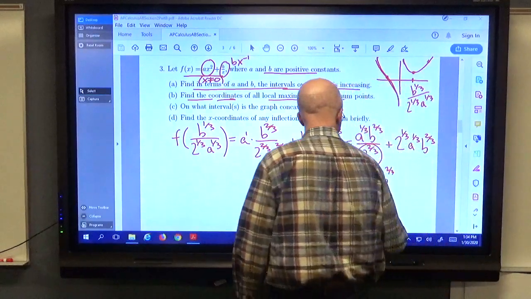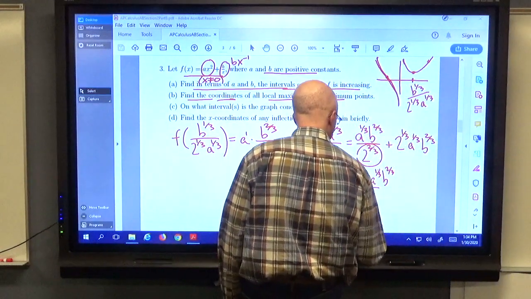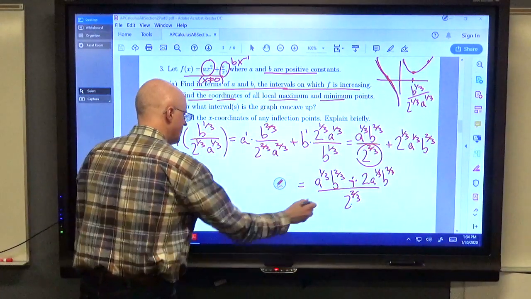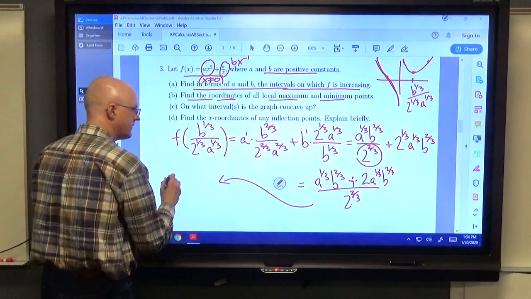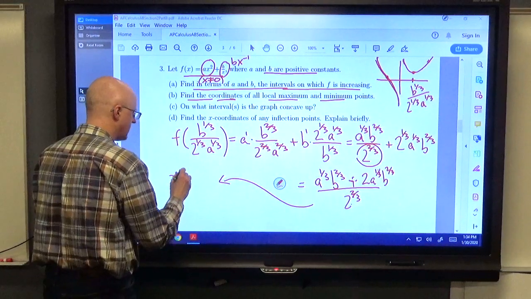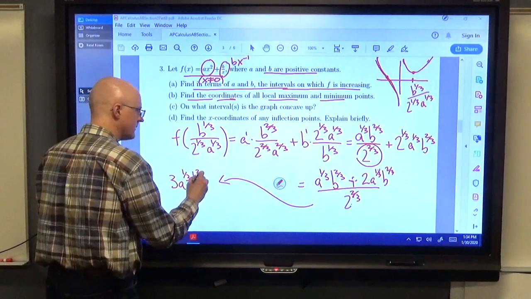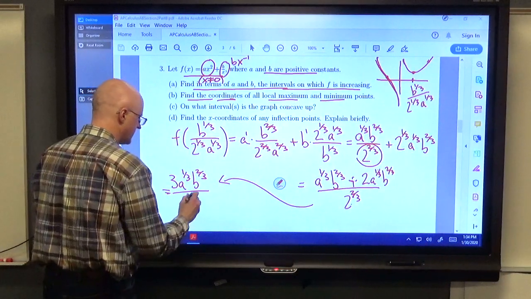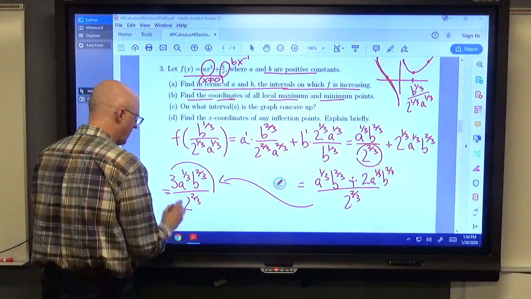And again, I'm dividing by 2 to the 2/3. And that simplifies pretty nicely to 3 times a to the 1/3 b to the 2/3 divided by 2 to the 2/3. That would be the second coordinate.